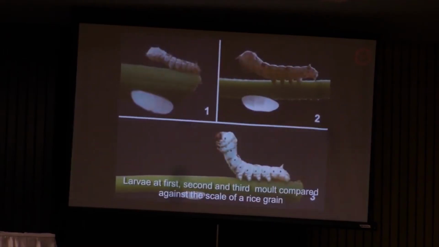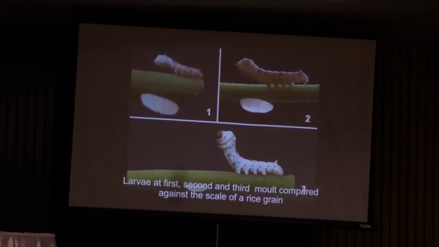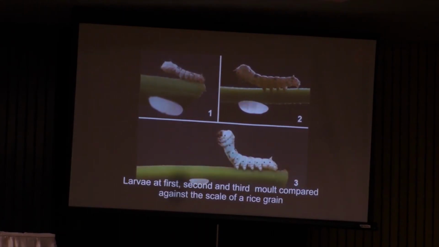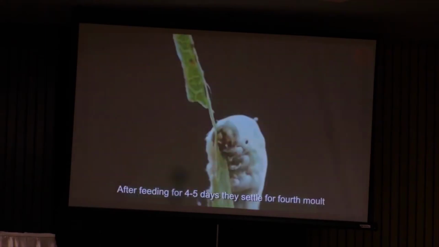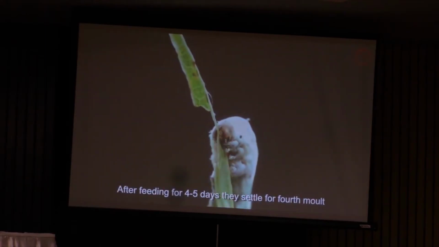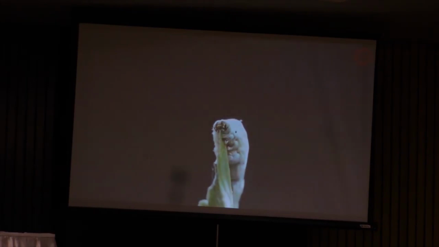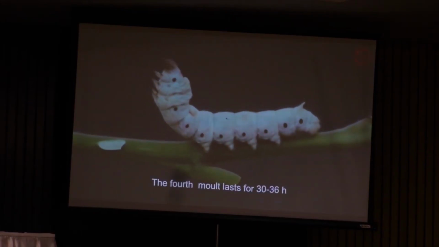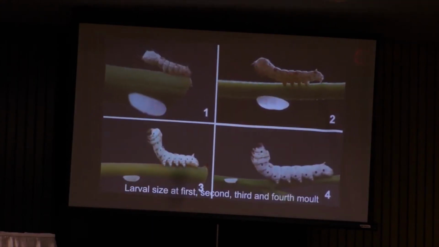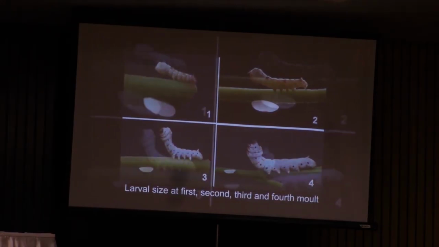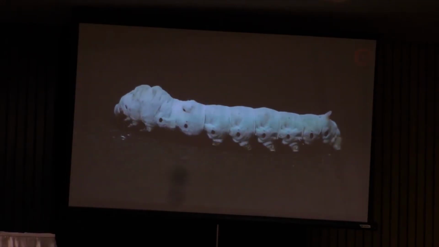Larval size at first, second, and third molt, compared against the scale of a rice grain. After 4 to 5 days of feeding, they settle for fourth molt. The fourth molt lasts for 30 to 36 hours. Larval size at first, second, third, and fourth molt compared.